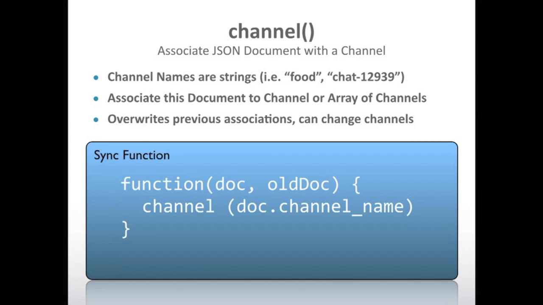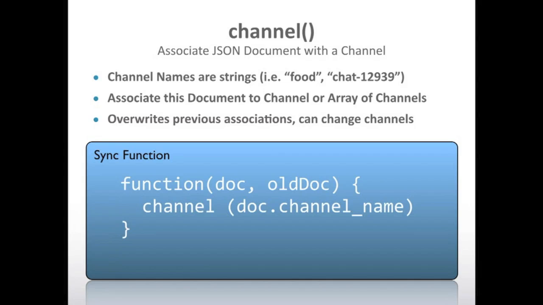The first one I want to talk about is channel. The channel command within the sync function will associate this JSON document with a channel or multiple channels. Channel names are just strings, like food or chat 12939 or anything. In the parameter you're passing, you can have a single string or an array of strings, and it'll associate that document with multiple channels if you have an array of strings.